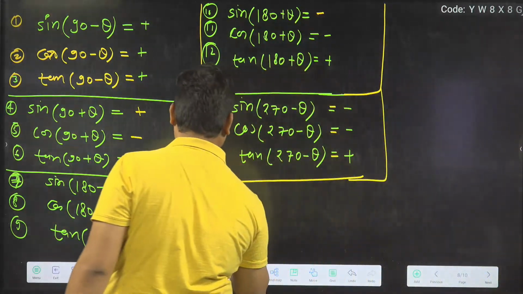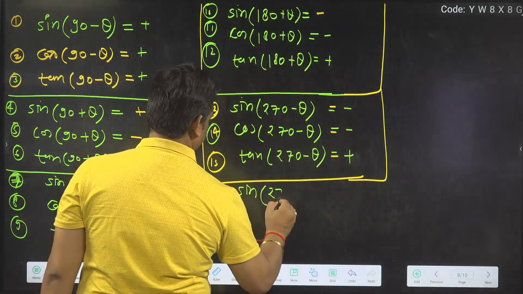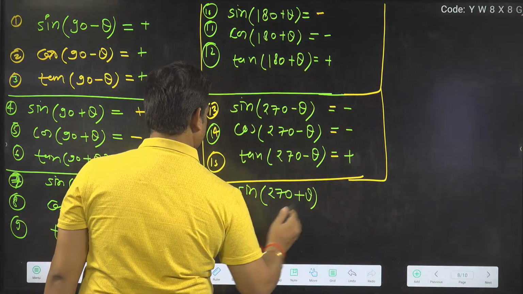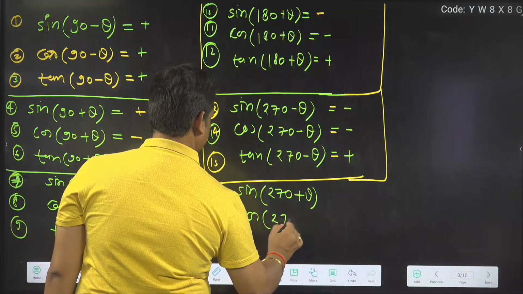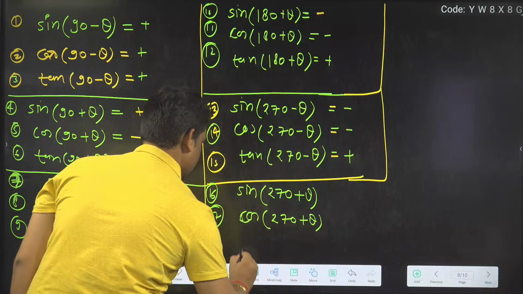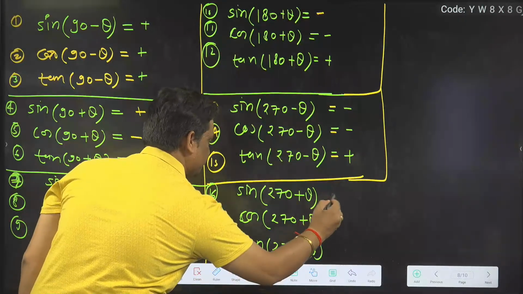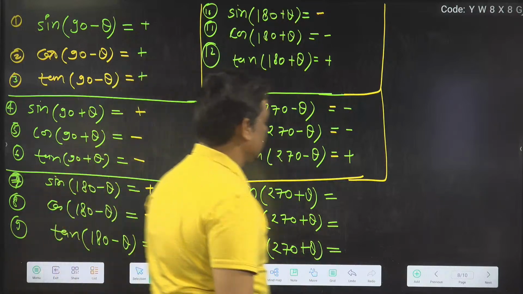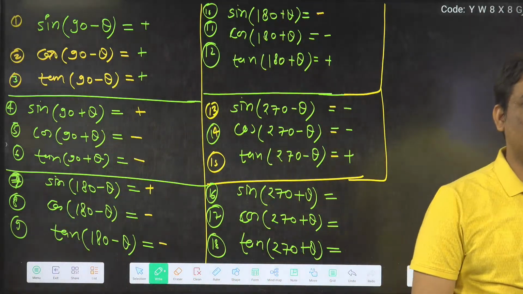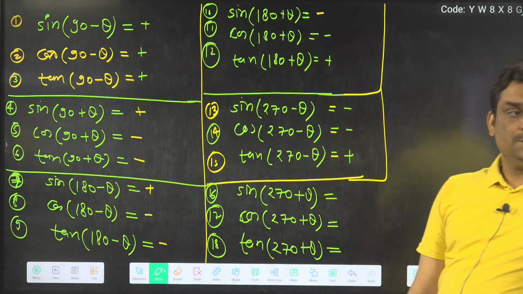Then I will write here 16: sine 270 plus theta. 17 I will write here: cos 270 plus theta, and then tan 270 plus theta. Now, sine 270 plus theta will be which quadrant?